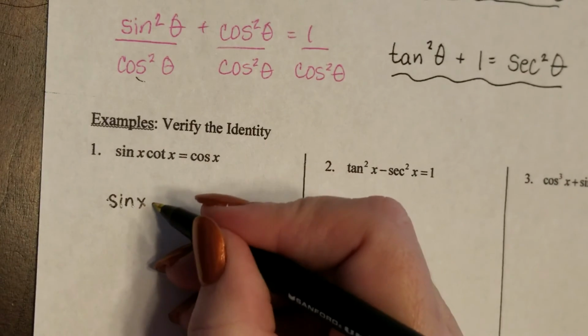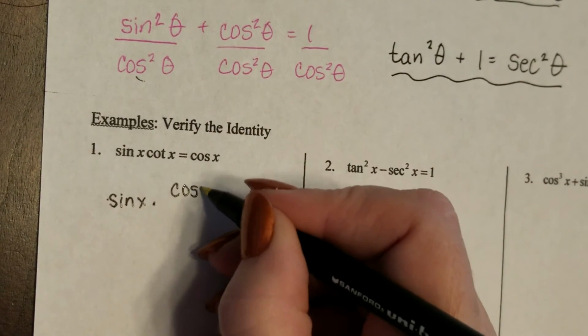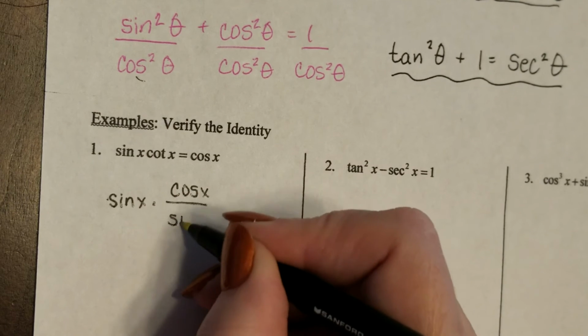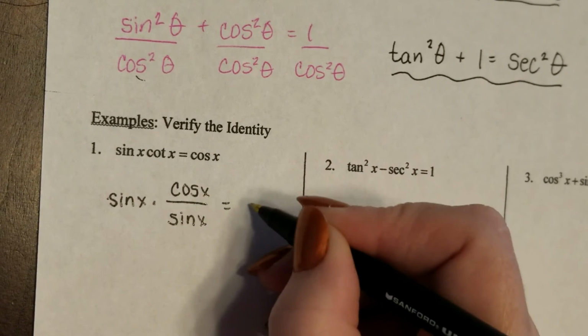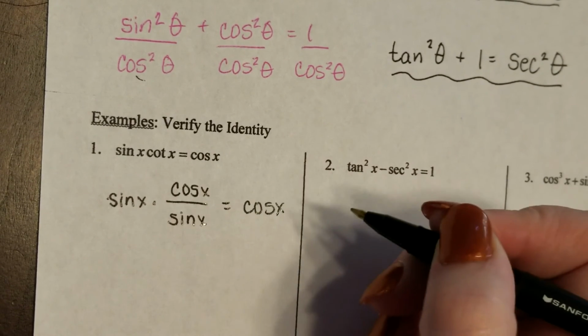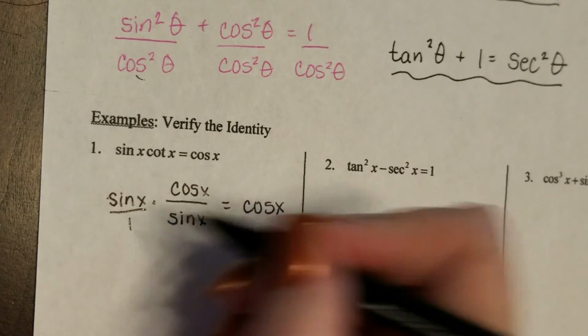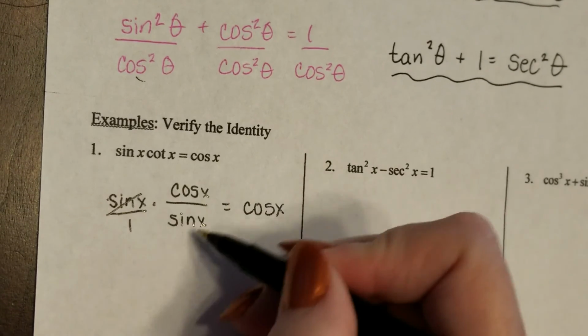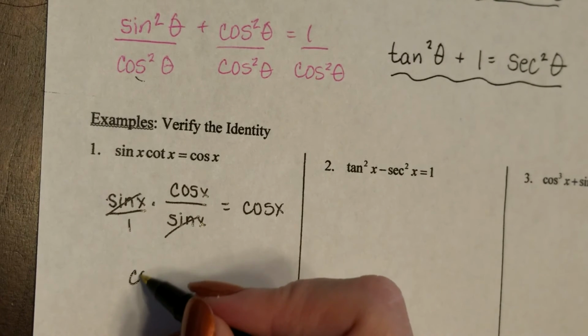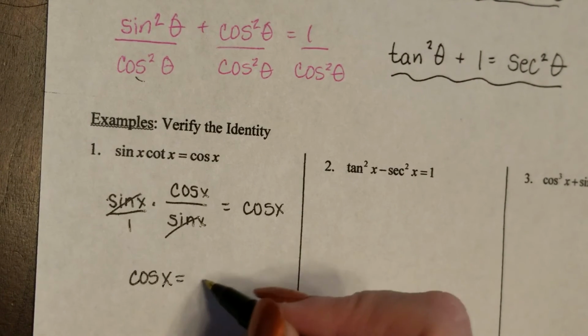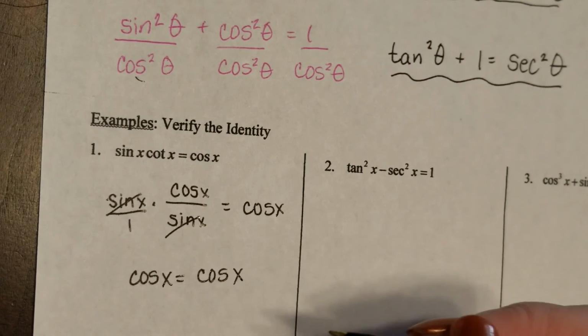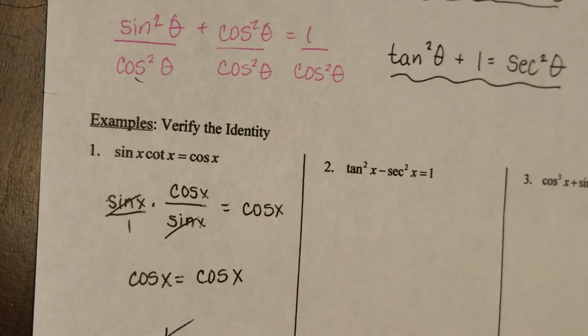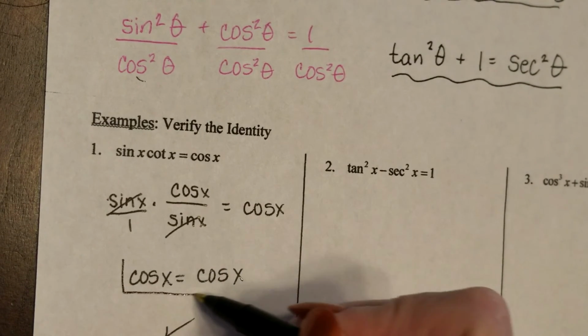So I'm going to go cosine x over sine x times sine x, and that equals cosine x. Well, remember, this is over 1. I can cross off my common terms, and I get cosine x equals cosine x.